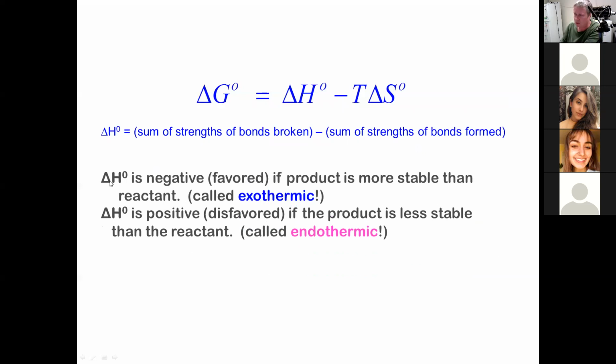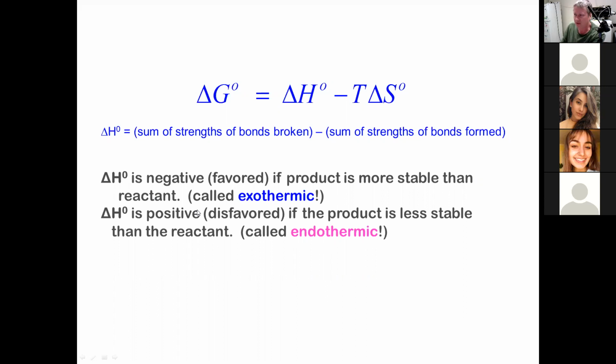Okay, so when delta H is negative, a reaction is favored, as if the products are more stable than the reactants, which often happens when A goes to B. If the products are more stable, then delta H is negative. We call that exothermic. When delta H is positive, that's disfavored, and that's when the product is less stable.